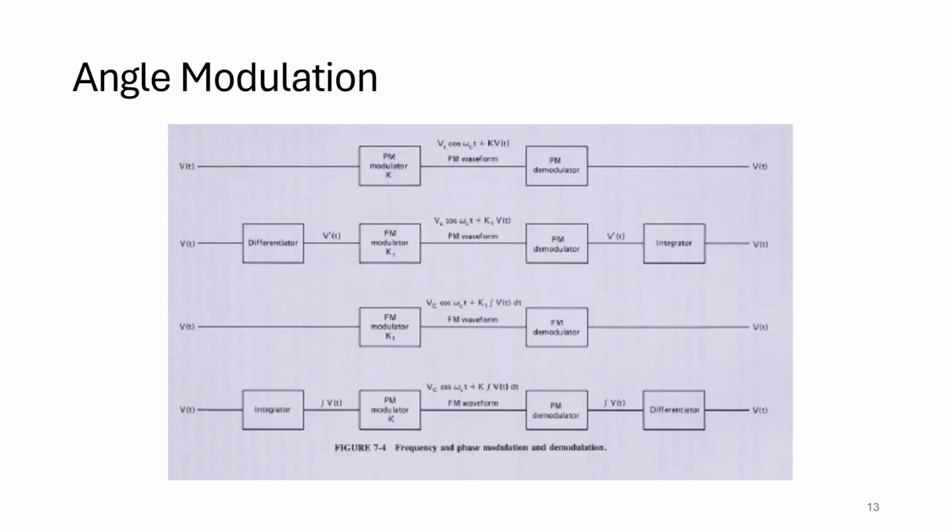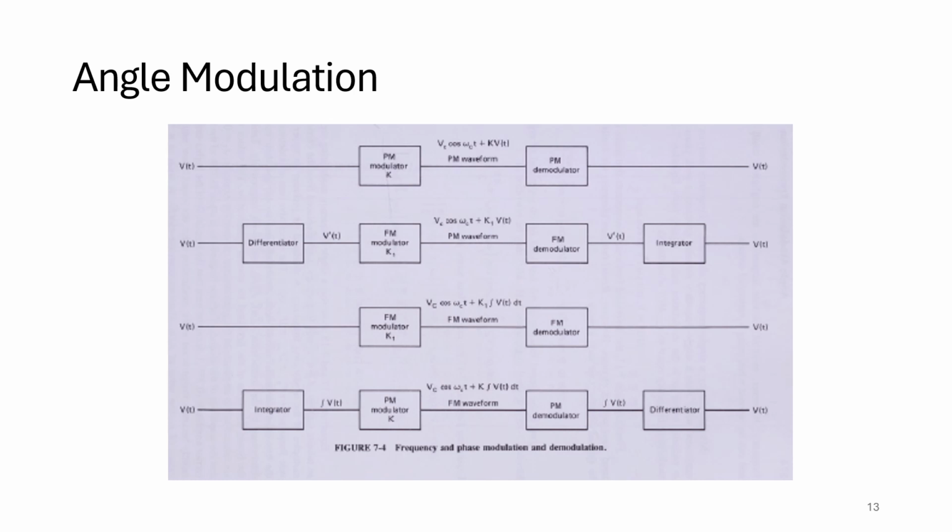So in terms of figures, we can have this one. PM modulator, then we have a PM waveform, then we have PM demodulator. As we can see, we use the sensitivity value K here.